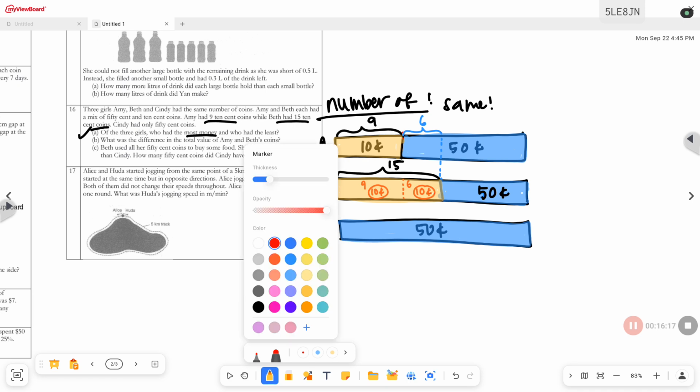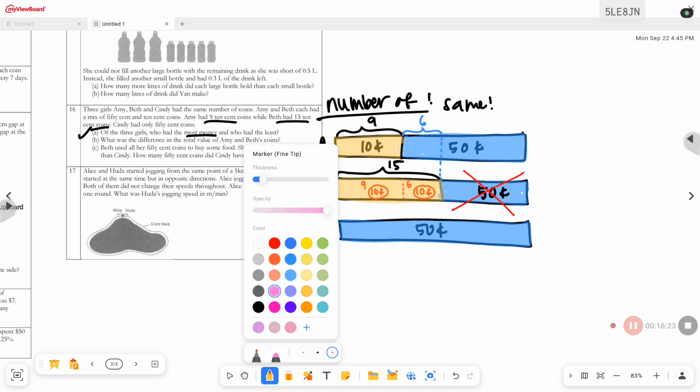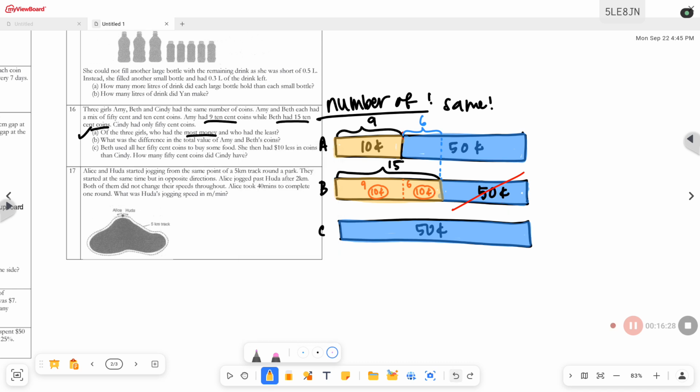So Beth used this part of her money, gone. Oops, I meant to write in pink. Okay, so gone. So Beth is only left with this part here, right? And they say that she has $10 less than Cindy, and Cindy didn't spend any of her money.